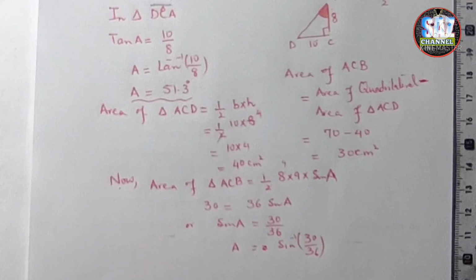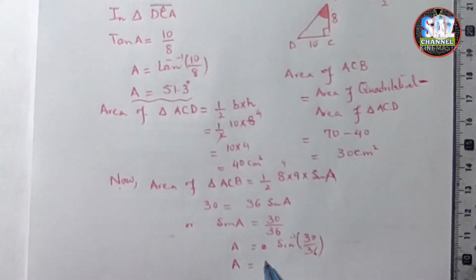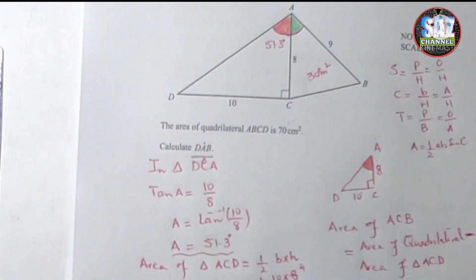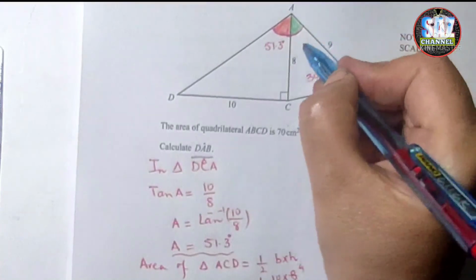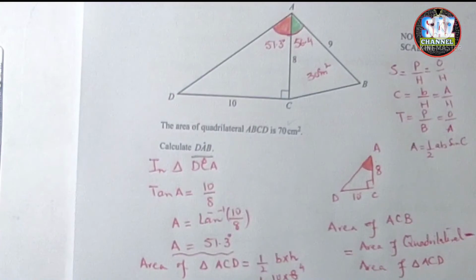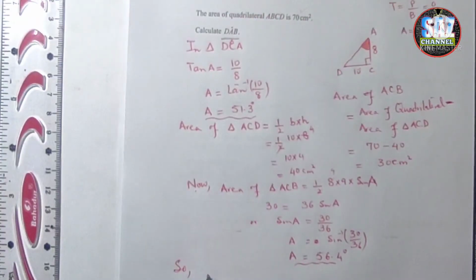Sine inverse of 30 by 36 equals 56.44 degrees. Now we have the other portion of angle A as well, which is 56.4 degrees, and the final requirement is angle DAB.